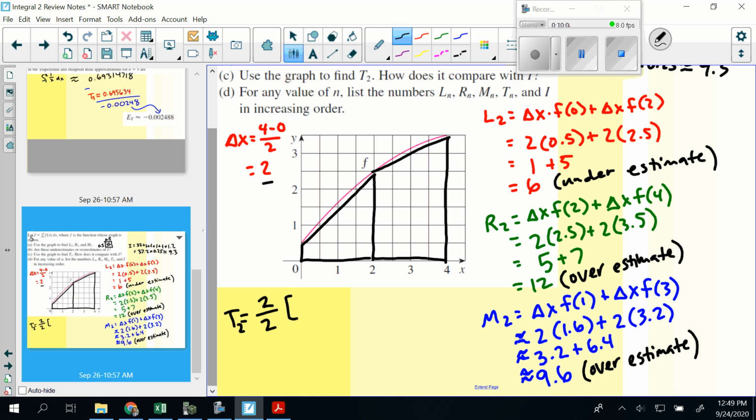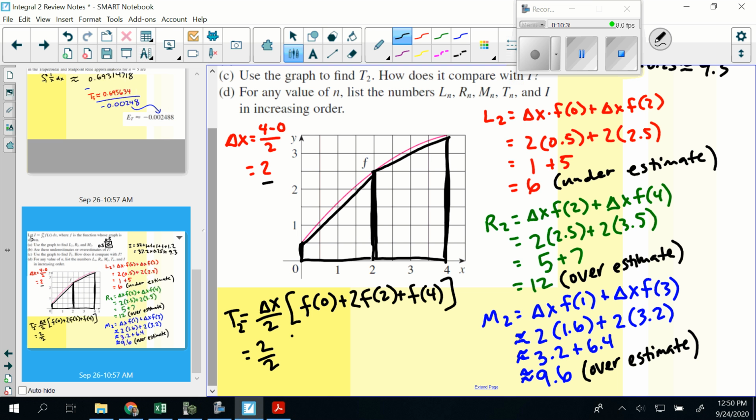And then in here it's actually our change in x over 2. And then here we'd be doing this length, there's one of those, f of 0. This line is the bottom of the first trapezoid and the top of the second trapezoid, so there's 2 of those, 2 f of 2's. And then the final line here is just using that second one, so f of 4. So now if we fill that in, we already said that's 2.